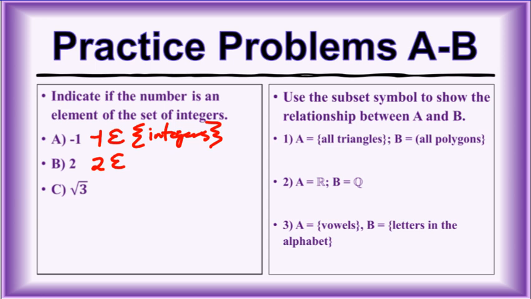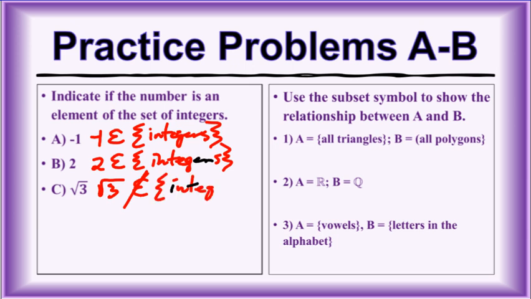Two is an element of integers. Square root of 3 is not an element of the set of integers, because that would be irrational.